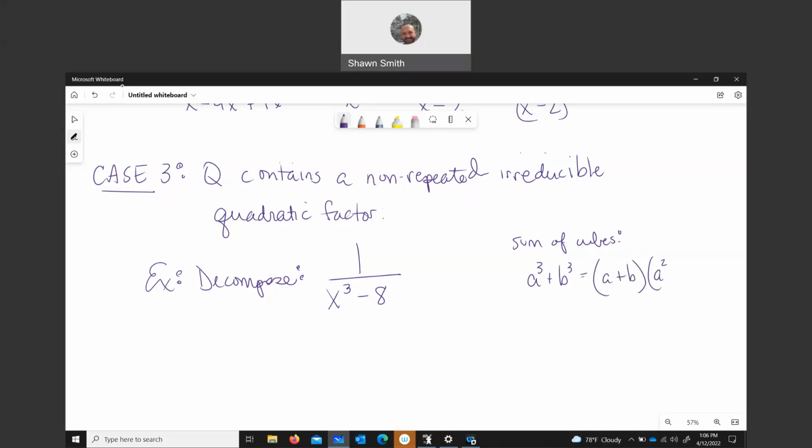It'll be a squared minus ab plus b squared. Oops, I'm sorry, this is supposed to be a minus ab right here. Sum of cubes.